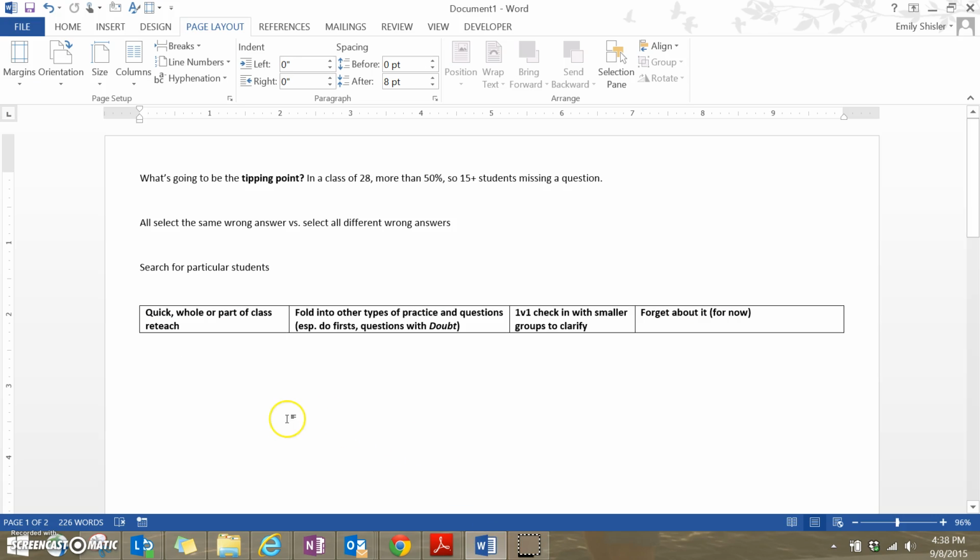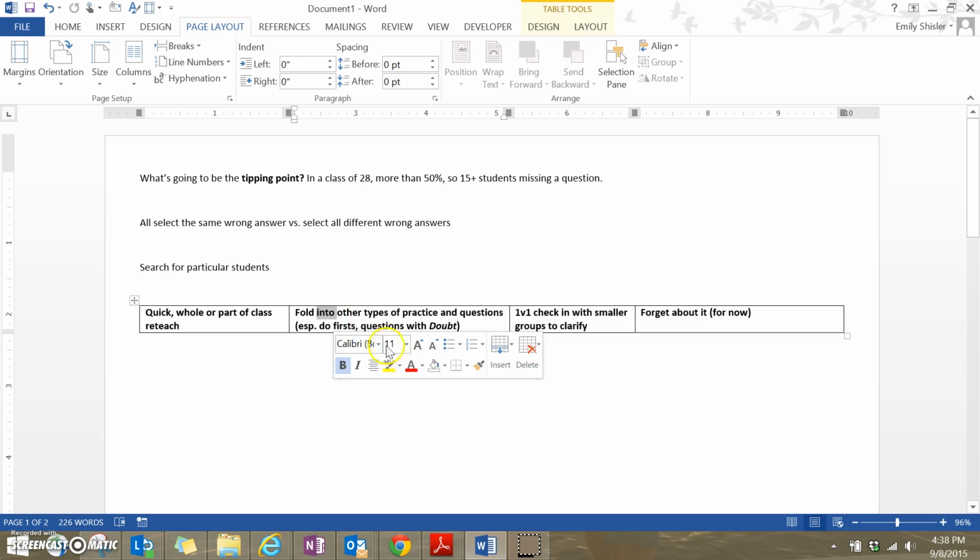Okay, so then the next thing I'm going to do is think about things in sort of 4 categories. Are there questions that I might do a whole or part of class just full-on reteach? Hey, we seem to miss this information, let's reteach it and practice it. Are there questions that were just actually kind of challenging that might make good questions to fold into other things that we're just organically doing in class? Maybe the questions that I ask while we're discussing doubt.